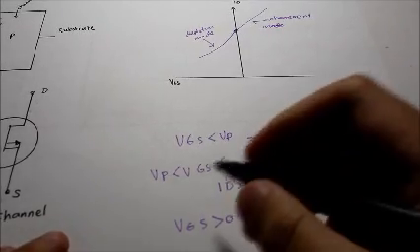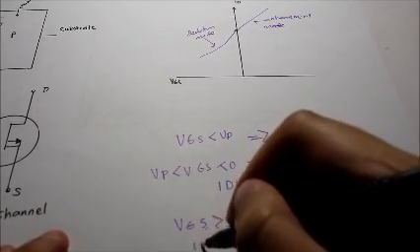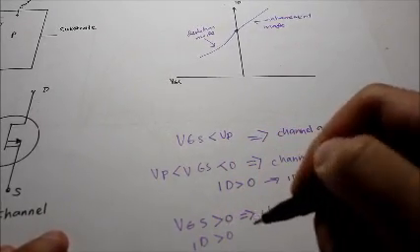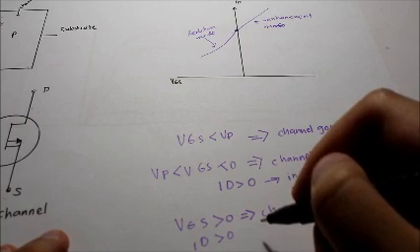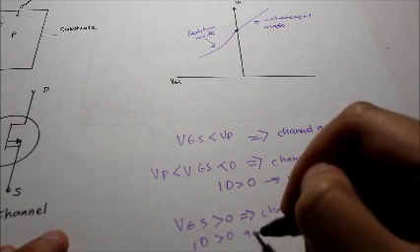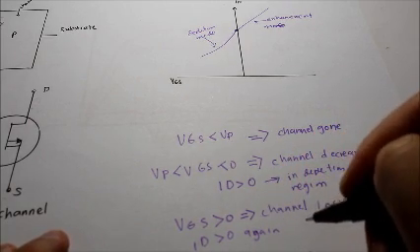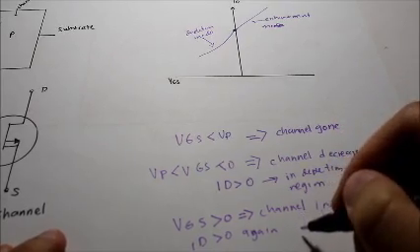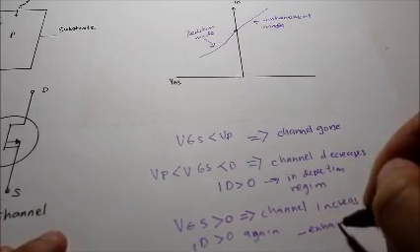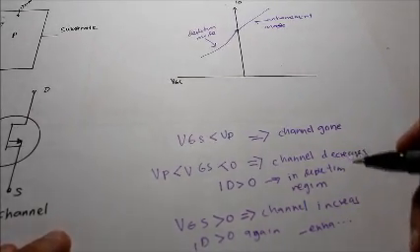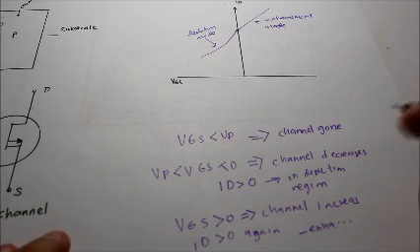We'll have an ID value greater than 0, and this is in the enhancement region.